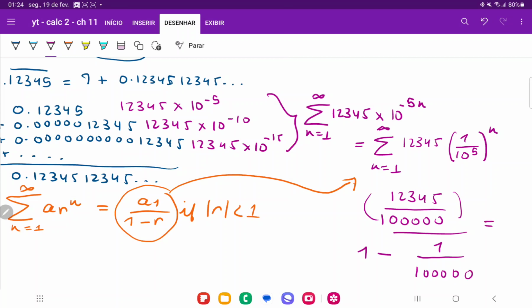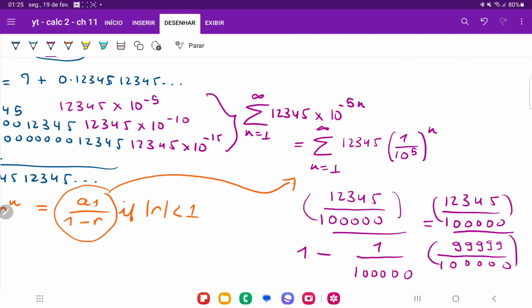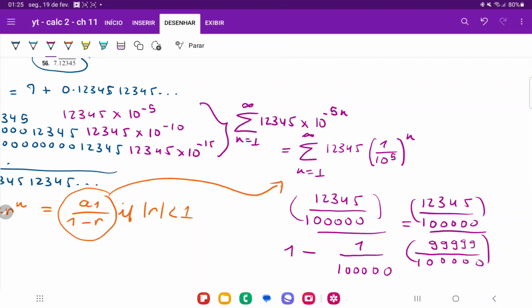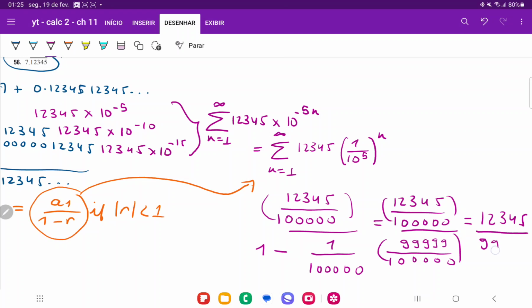So we can simplify that as 12345 divided by 100000, all over 1 minus 1 divided by 100,000, which is going to be 99999 over 100000. And if we notice here that these have the same denominators, well, that's just going to be 12345 over 99999.